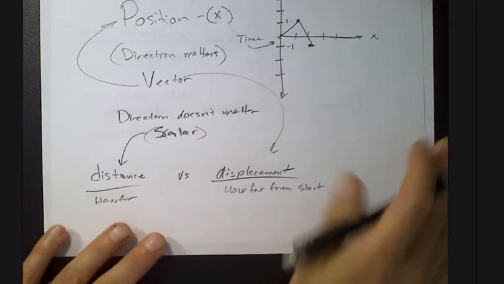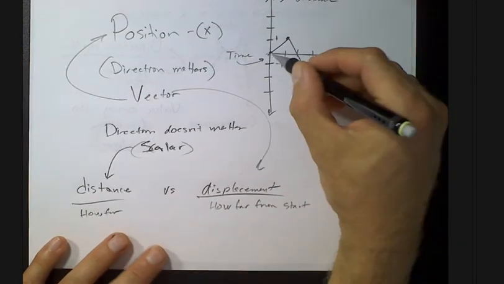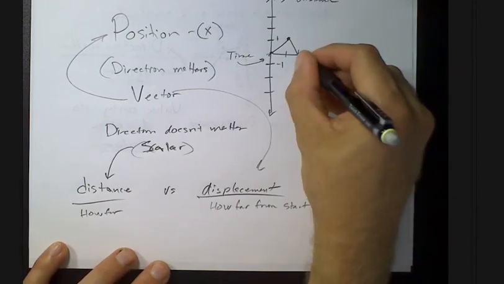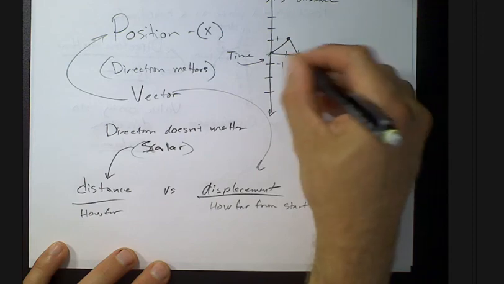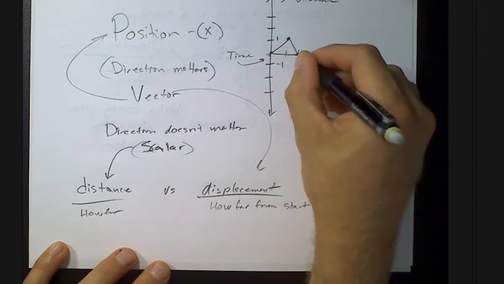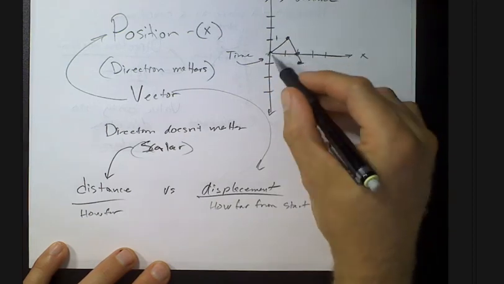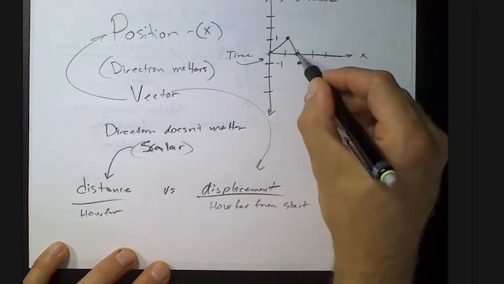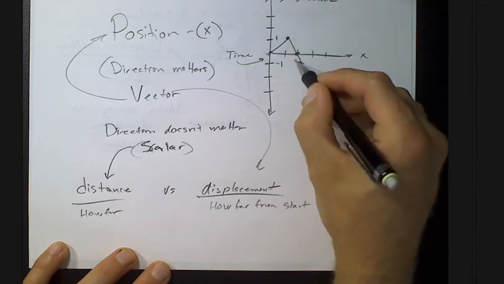So for example, let's say that I look at this position right here, right? Well, if I take into account distance, look, I went 1 meter and then I went back 1 meter. So my distance is actually 2 meters.